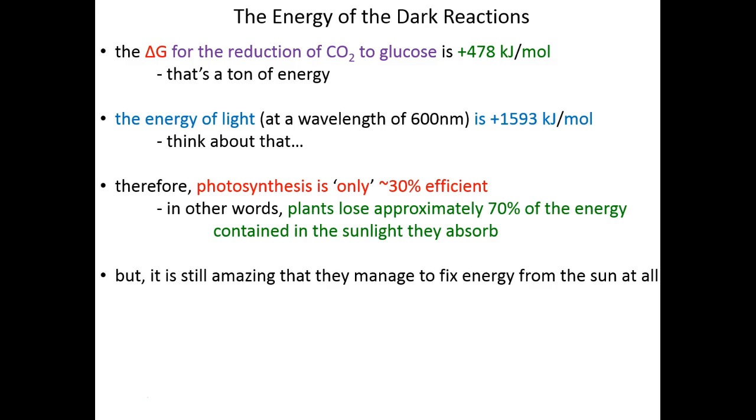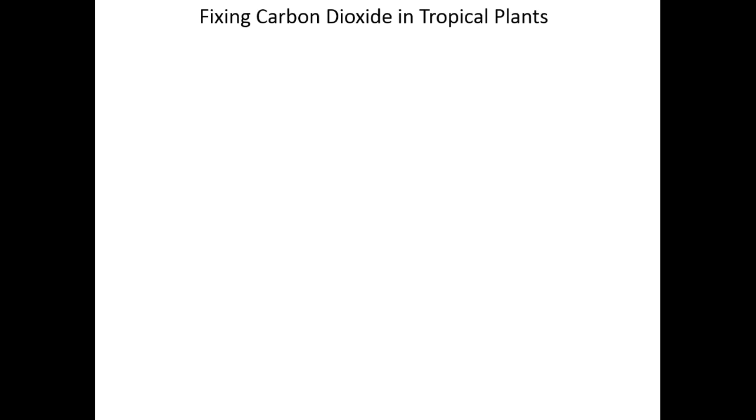Like, is that not insane? That plants are absorbing sunlight and making sugar from it? I think it's amazing that something exists on this planet that can fix sunlight energy at all. Never mind use that sunlight energy to make something as organic and complex as glucose. So that's, to me, truly awesome in the truest sense of the word.